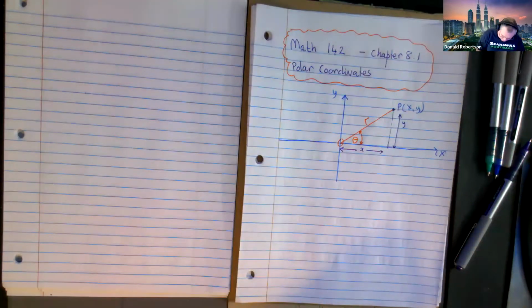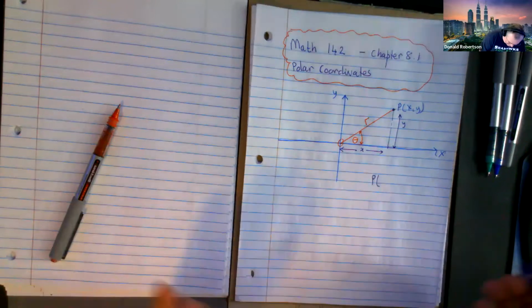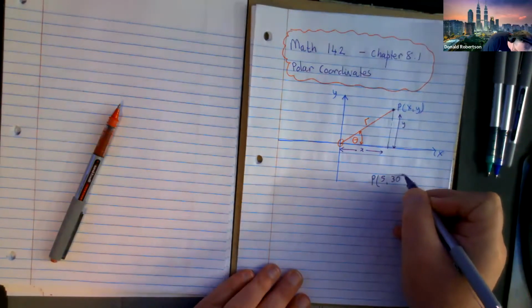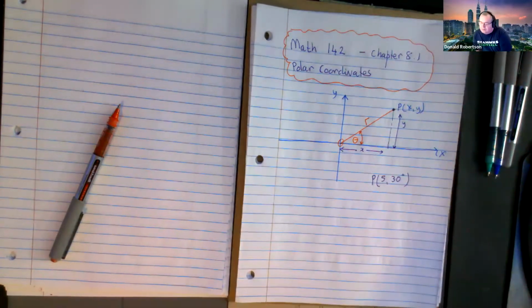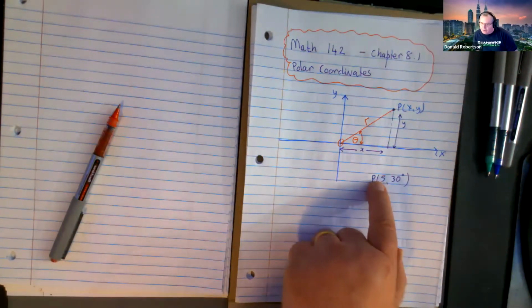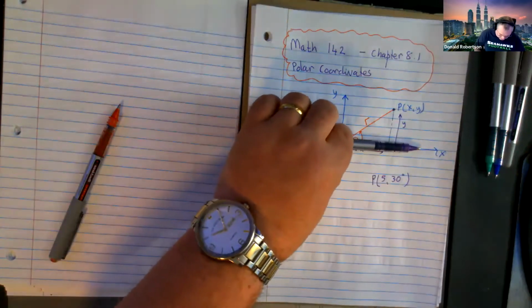So can you imagine that you could describe a point P by saying it was 5, 30 degrees. Right? That's what it would look like in polar, right? So the way you would draw it, if you wanted to actually plot it, is you'd get one of those nice little things called a protractor, right?